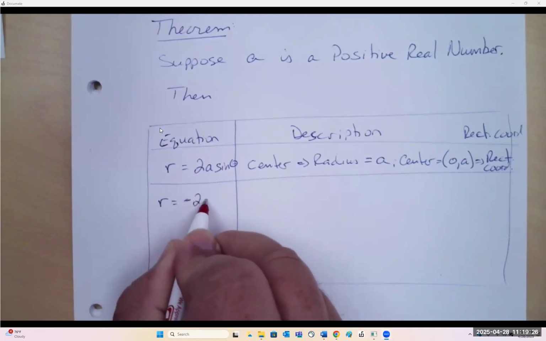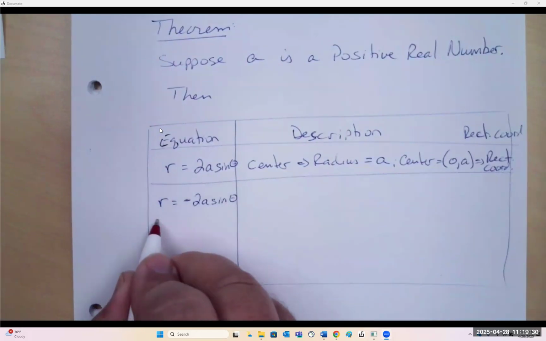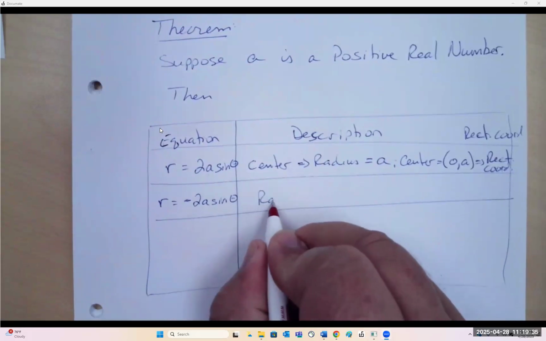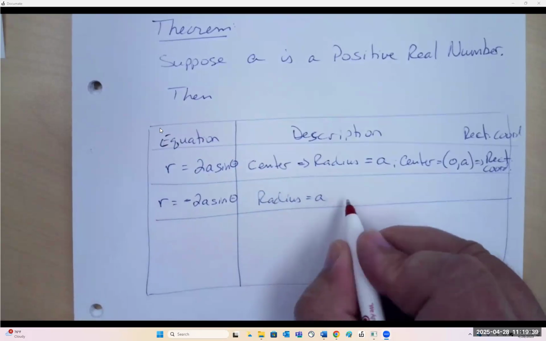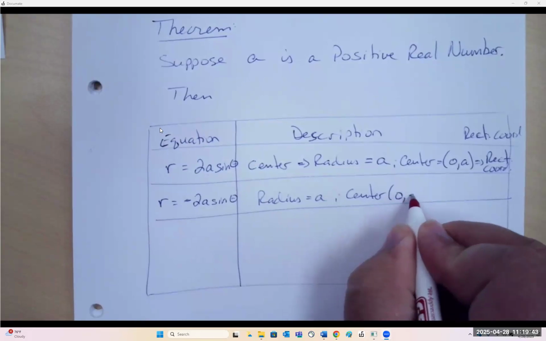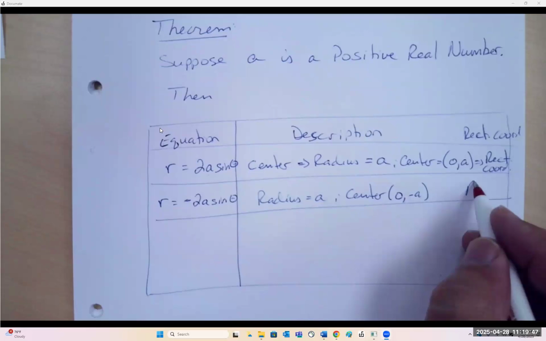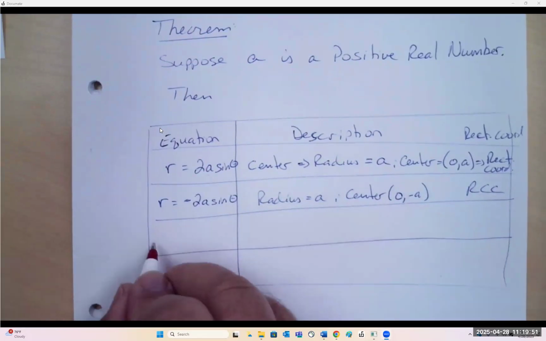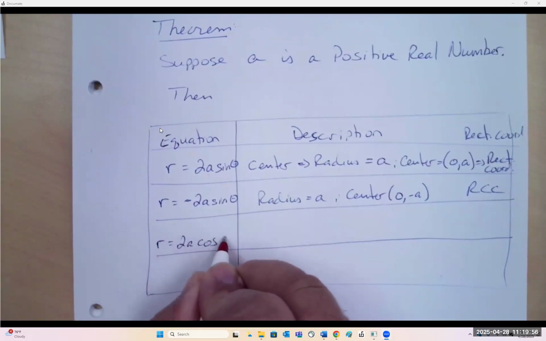At r equals -2a sine theta, the radius is a. Center is at 0, -a. Now we're at r equals 2a cosine theta.